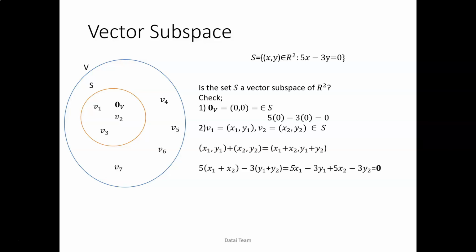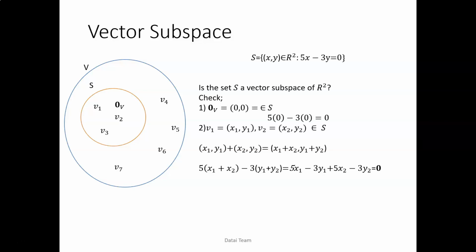We have x1, y1, x2, y2. We add those two vectors together, and we know that x1, y1, x2, y2 are real numbers, and we know our condition here, 5x minus 3y is equal to 0, and we can put our resulting vector into our equation. We have 5 times (x1 plus x2) minus 3 times (y1 plus y2), and that must be equal to 0 for the 0 vector, and we can multiply with 5 and 3.